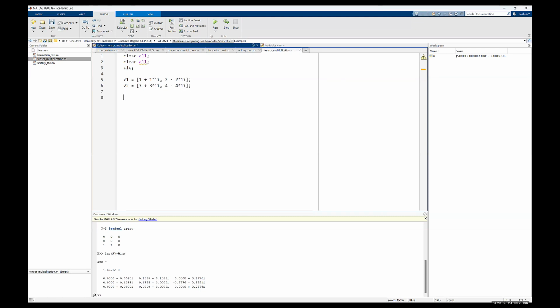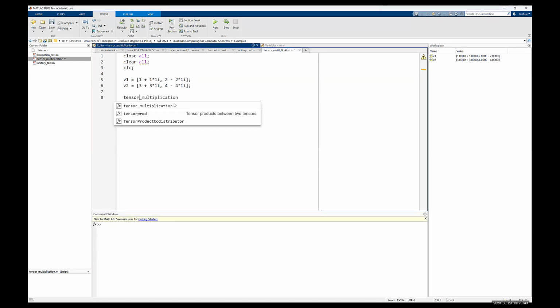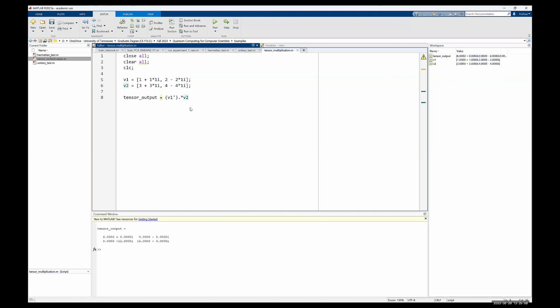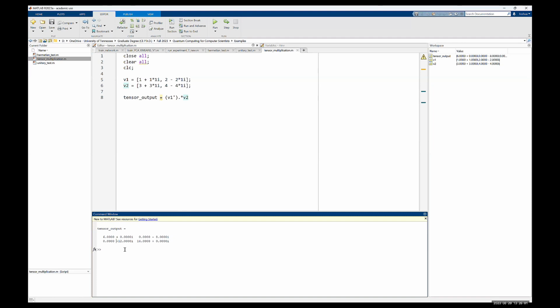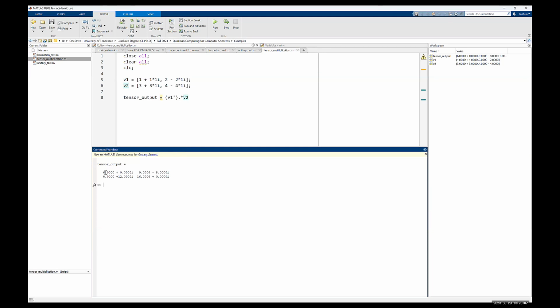So if I transpose V1 and multiply by V2, it should give me a square matrix, right? In the output at the bottom, you can see I get a 2 by 2.